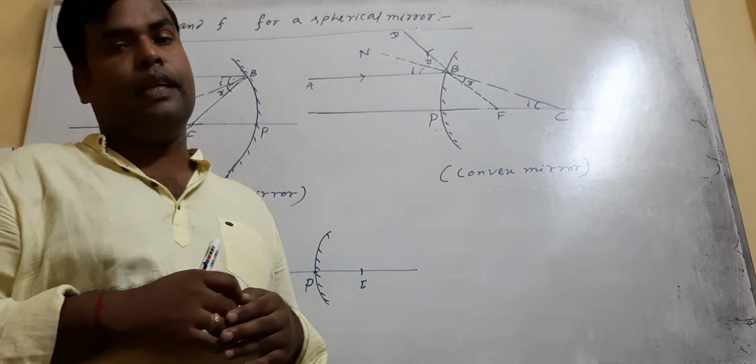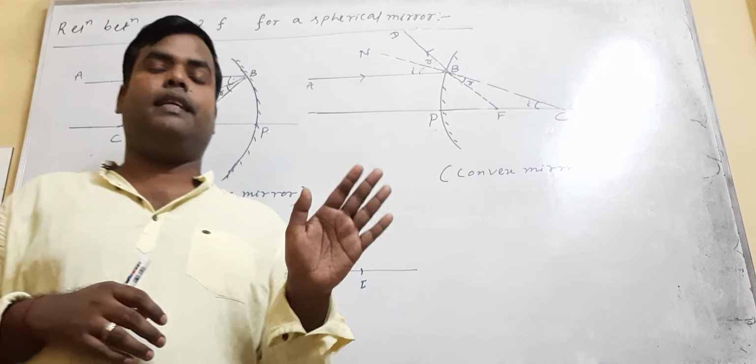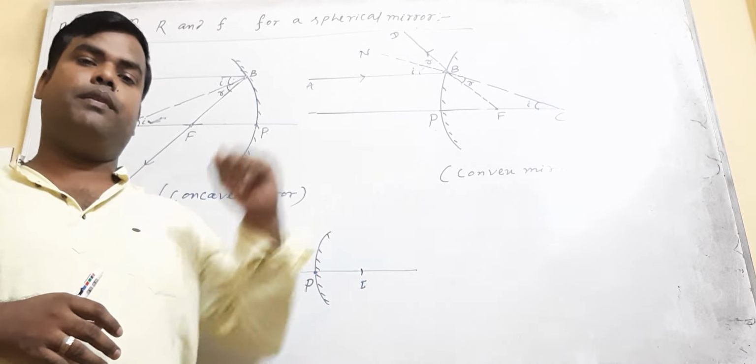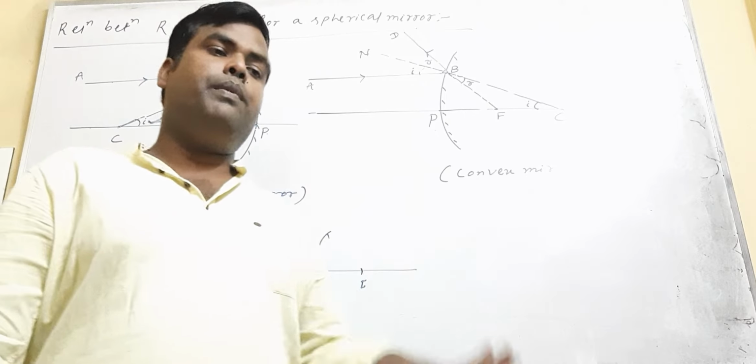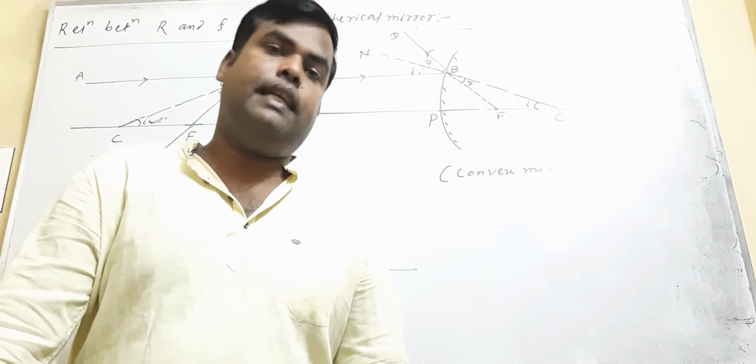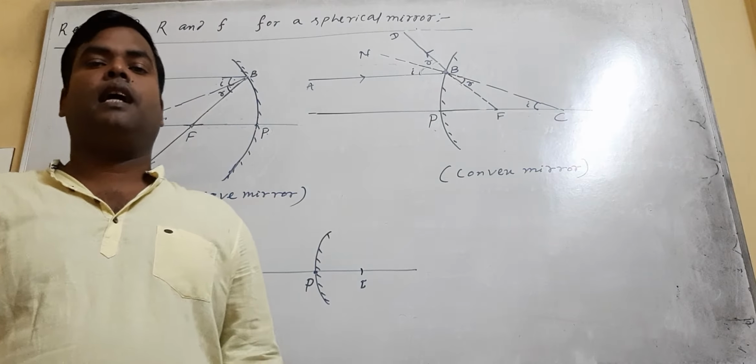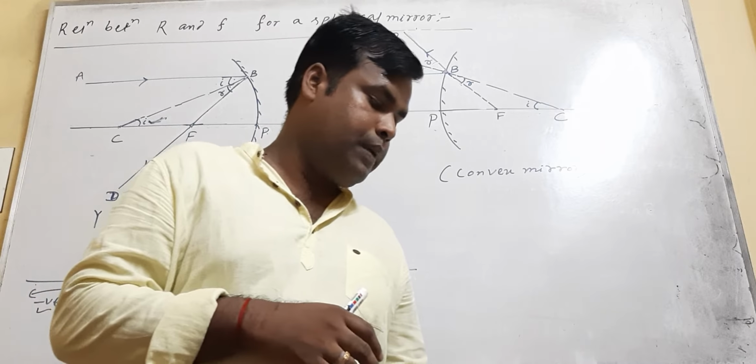Right measurements are positive, left measurements are negative, above the principal axis is positive, below the principal axis is negative, and all measurements are from the pole of the mirror.